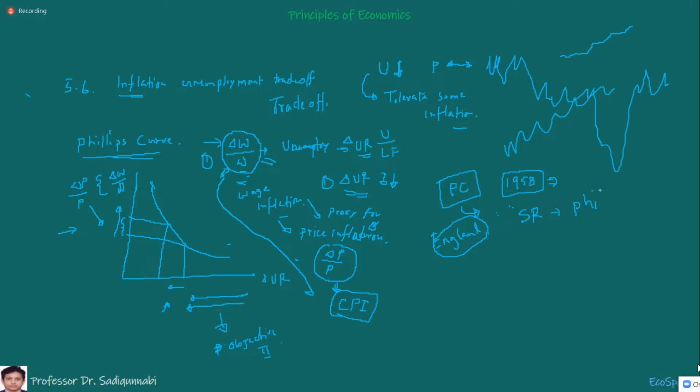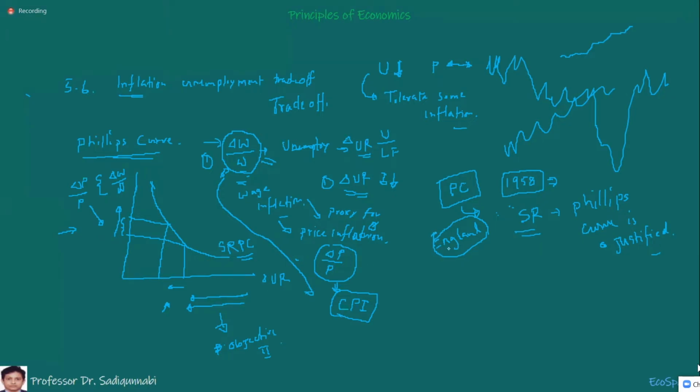The Phillips curve is justified. So this curve can be called the short run Phillips curve, SRPC.